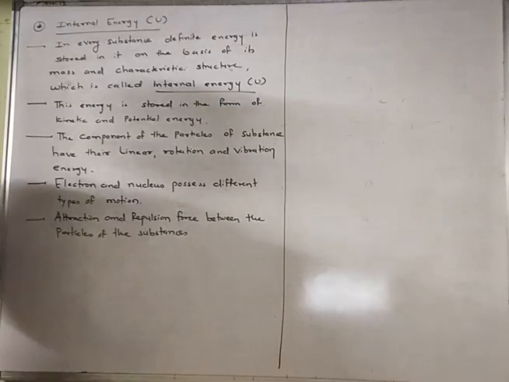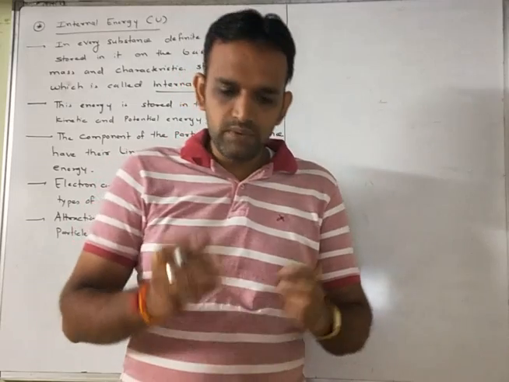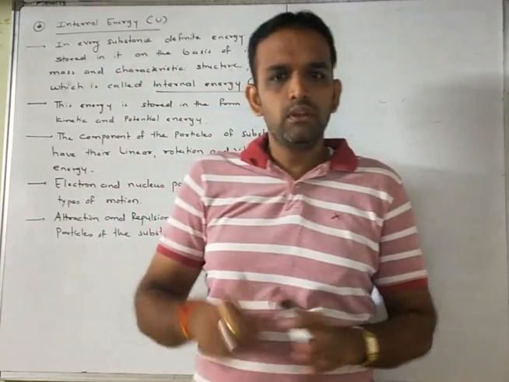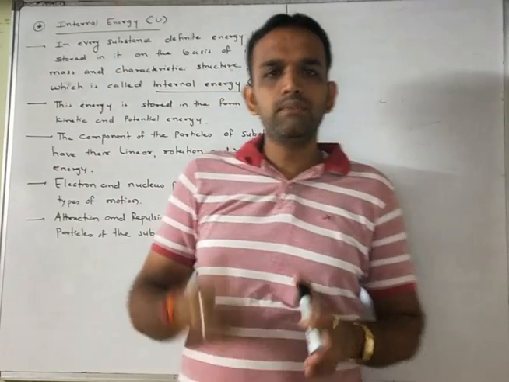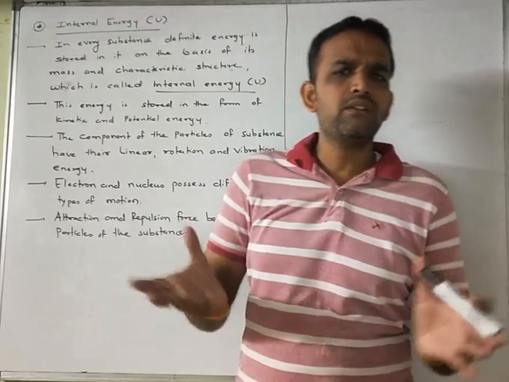Okay, there is some attraction and the repulsion force is there. As you all know that between the electron there is a what? Repulsion. Between nucleus and electron, between proton and electron, that we can see it is a attraction, right? So there is an attraction and repulsion force.